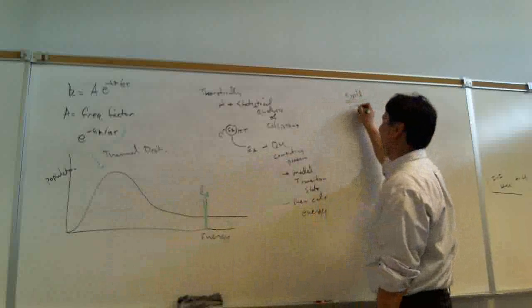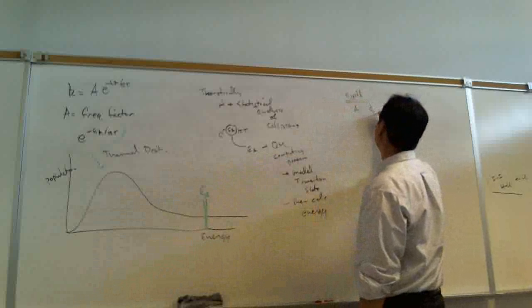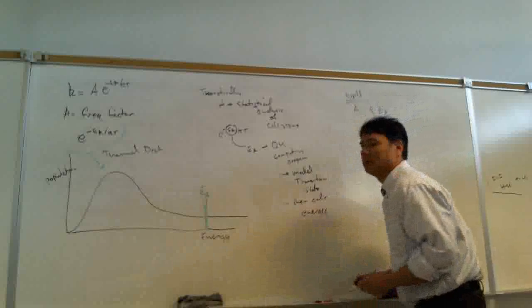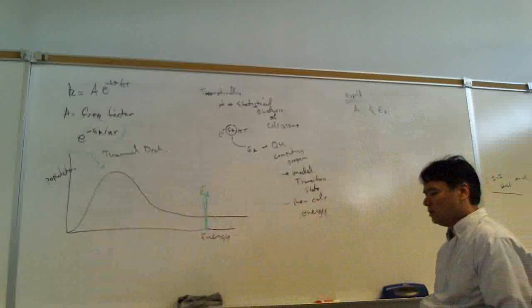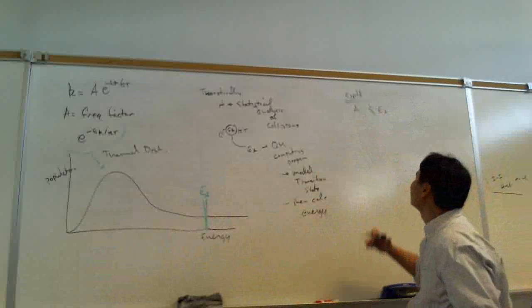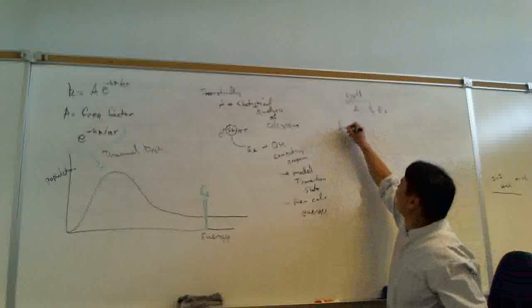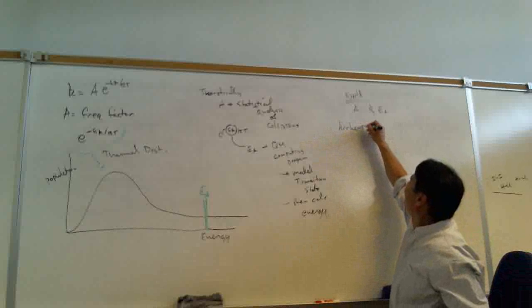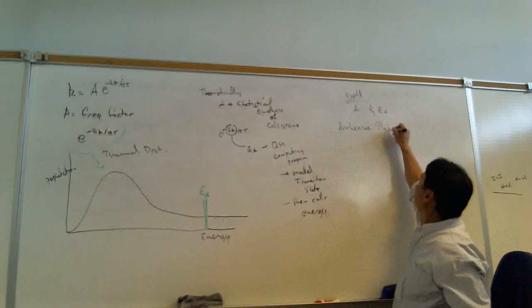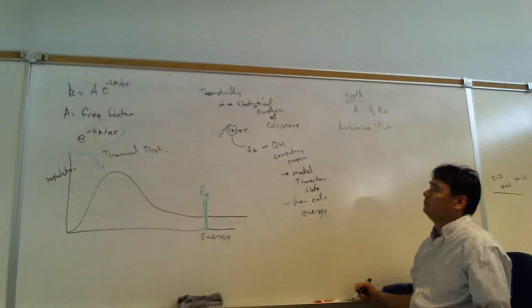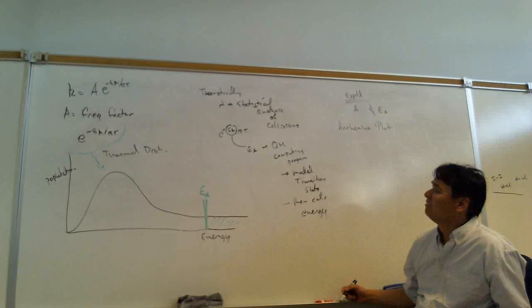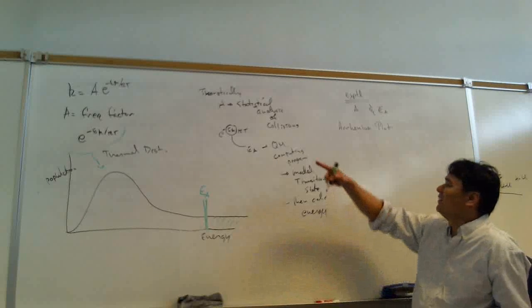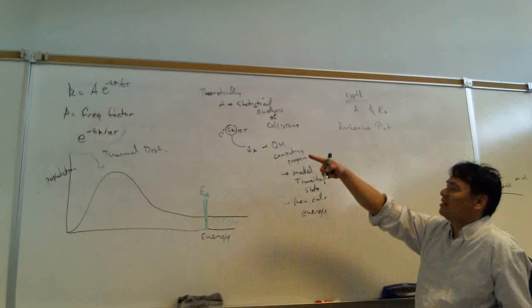The way we get A and E sub A experimentally is either of two ways. The best way is probably to do an Arrhenius plot. What is an Arrhenius plot? Well, what we do is take the natural log of both sides of this.